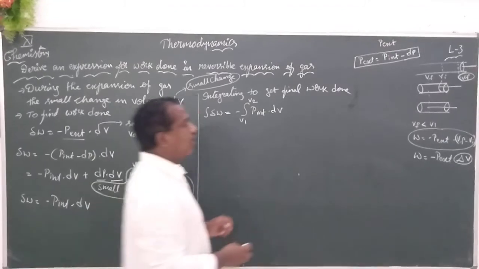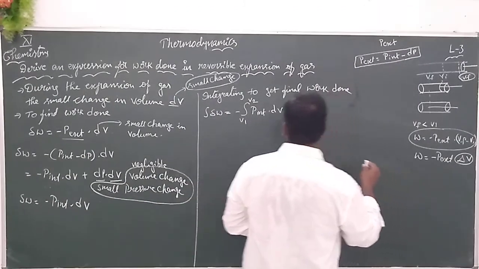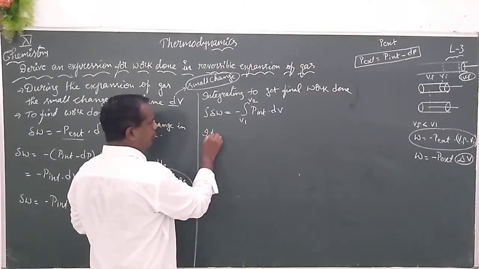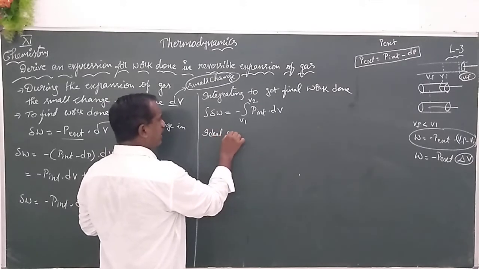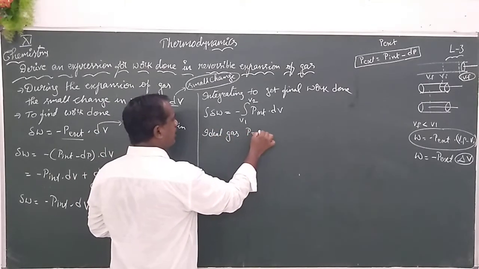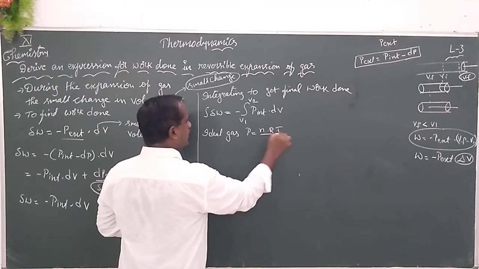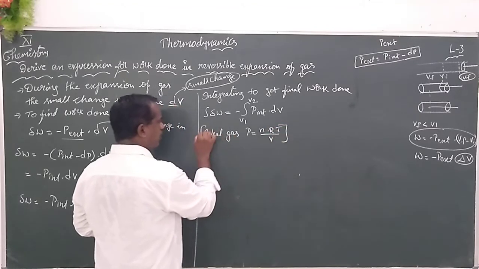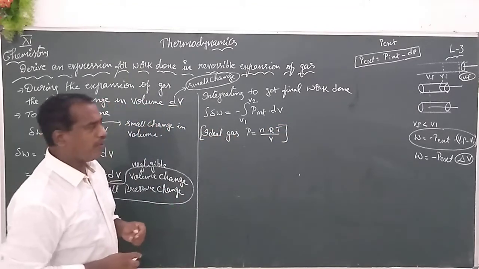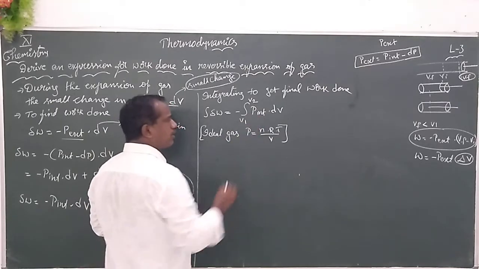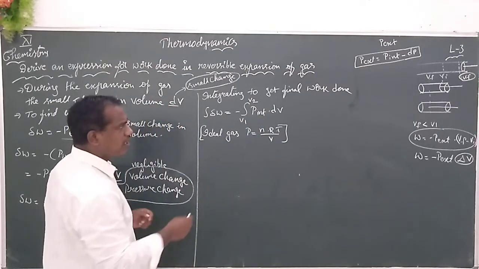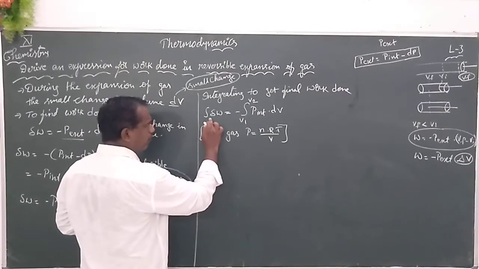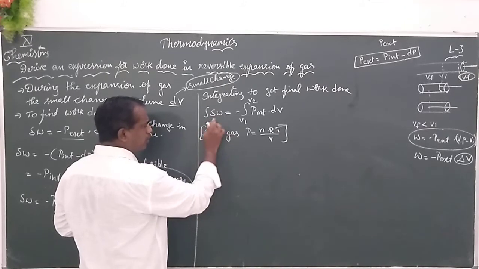But what do we know about an ideal gas? For an ideal gas, we know P is equal to nRT upon V. So this P is nothing but the pressure of the gas. So we are making our equation: the integration and the small change in volume are already cancelled.